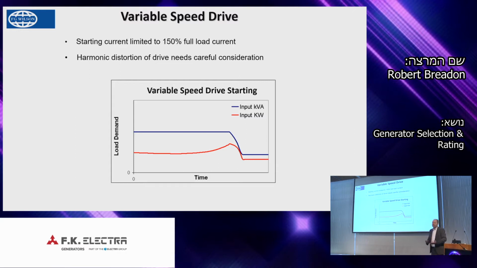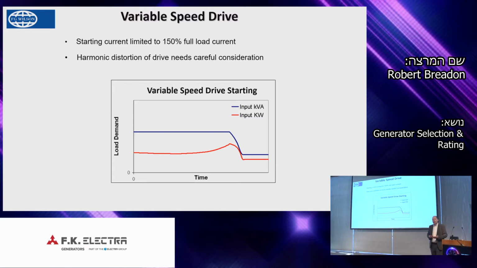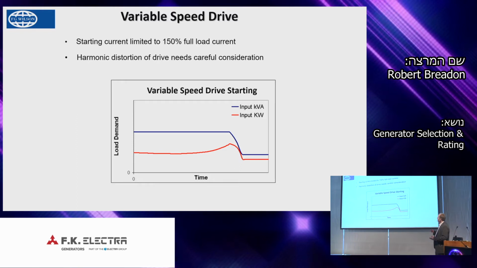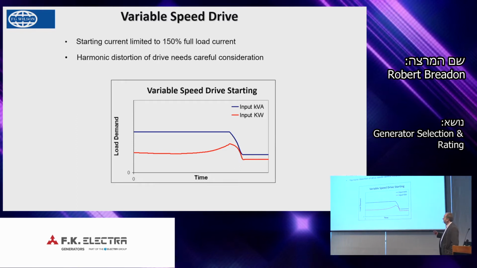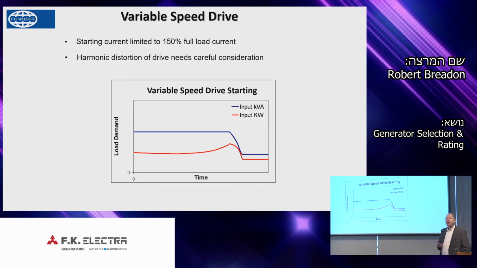That means there's less of an impact on the genset for starting, but the most important element is the harmonic distortion, the nonlinear load that the genset will experience. And depending on the quality of the variable speed drive, that can also have a major impact. So we need to consider that very carefully, especially when you get lots of these.